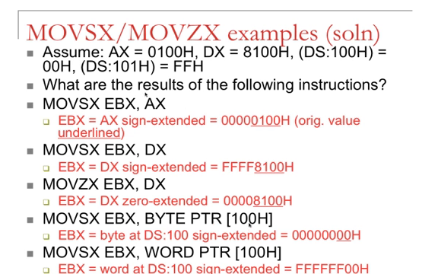The memory location is DS:100H, and that value is 00. We're going to do the sign extension on this byte 00. Since the sign bit is a 0, we extend that, and that's why the upper 3 bytes, or the upper 24 bits, are all zeros.